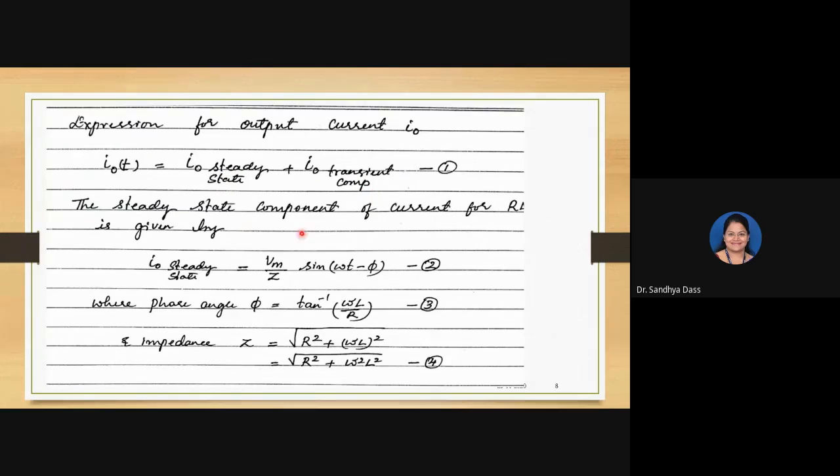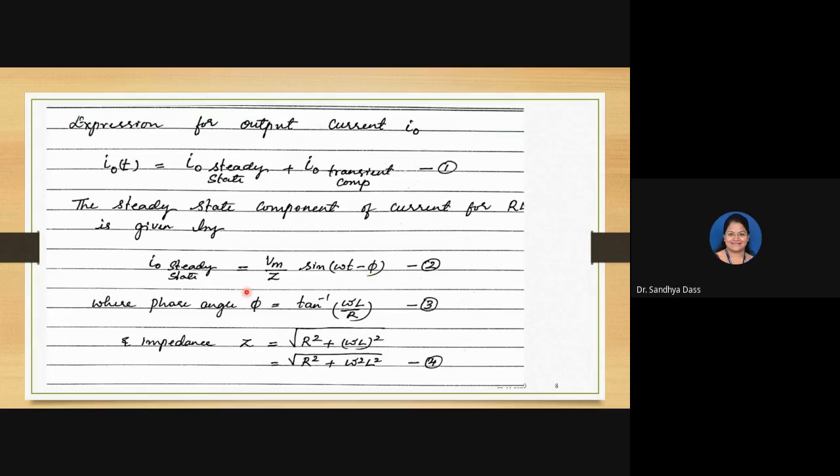So the steady state component of the RL circuit is given by I naught steady state, which is Vm by Z sine omega t minus phi, where Vm is the magnitude or the maximum voltage of your input signal, and Z is your impedance.